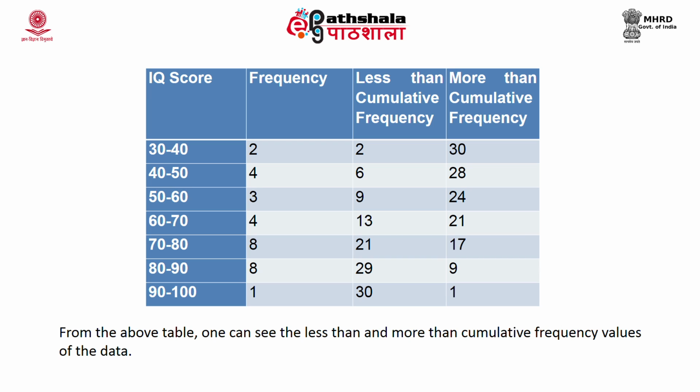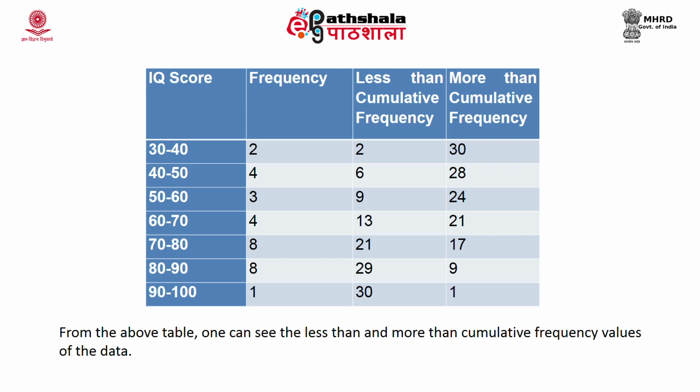For less than cumulative frequency, we add the frequency of the preceding class in the class interval, that is 40 to 50, and for more than cumulative frequency we subtract the frequency of the previous class, that is 2, from 30. So we get 28.